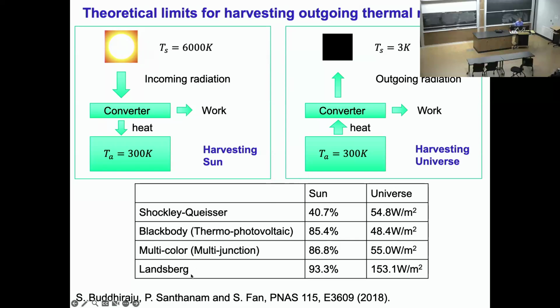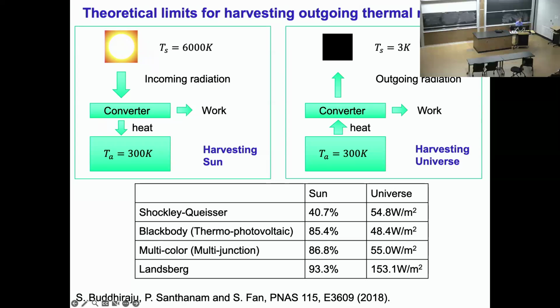And as it turned out, there's a symmetry relation between harvesting incoming radiation and harvesting outgoing radiation. So in the experiment I showed you, we are trying to harvest the heat flux between 300 Kelvin and 3 Kelvin. We are putting the converter on the hot side with outgoing radiation, and you can compute how much power you can actually generate.